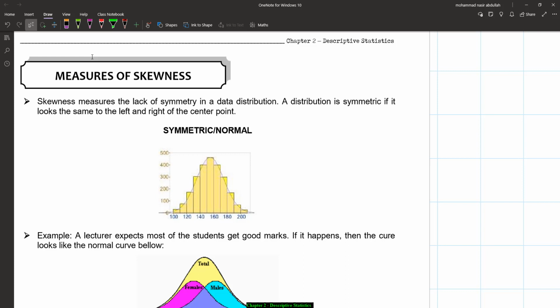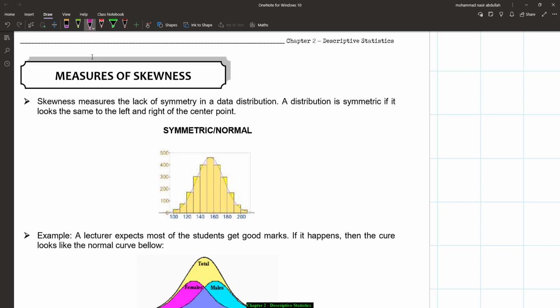So if you want to use a parametric test, most of the parametric tests require the data should be from a normal distribution. For non-parametric tests, it's assumed a distribution free, like it doesn't care whether it's normal or not normal distribution. Right? And then we want to know the distribution, the type of distribution, which is normal or not normal, because we want to know the characteristic of the data.